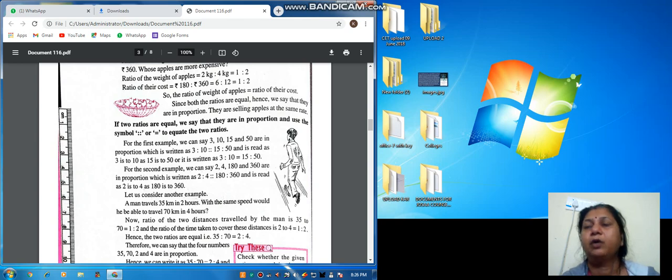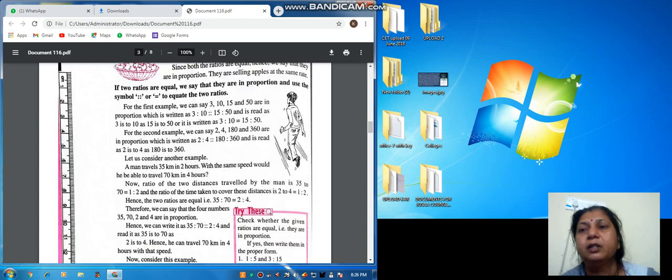Now see, if these four numbers are in proportion, we write it like this: 3 as to 10. These two dots are read as "is to". And if they are in proportion then we say "as". Okay, so let's take the next example.